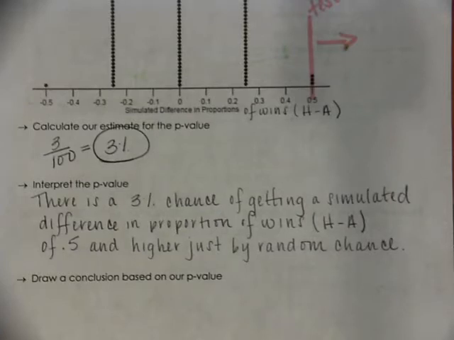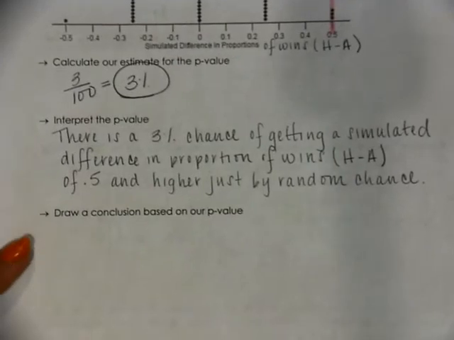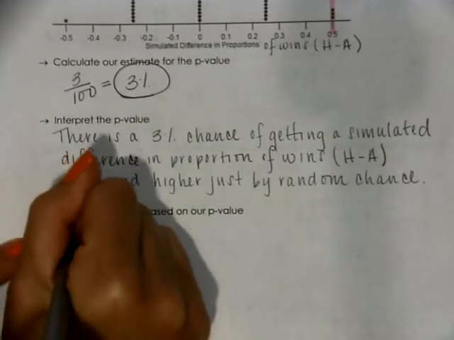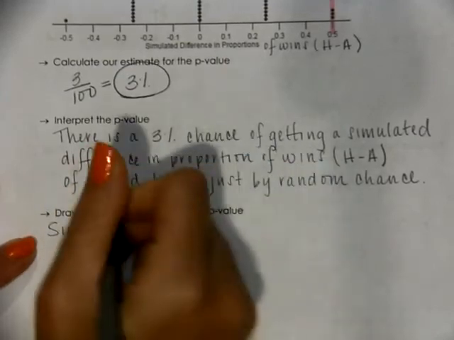Okay, so 3%, that's unlikely to happen. So the fact that it actually happened to the Panthers in their 2008 season, I'm thinking that the Panthers did have home field advantage, that they actually were more likely to win at home than on the road, okay? So remember, for our conclusion, we always start off by comparing to the 5% significance level. So compare your p-value to 5%.